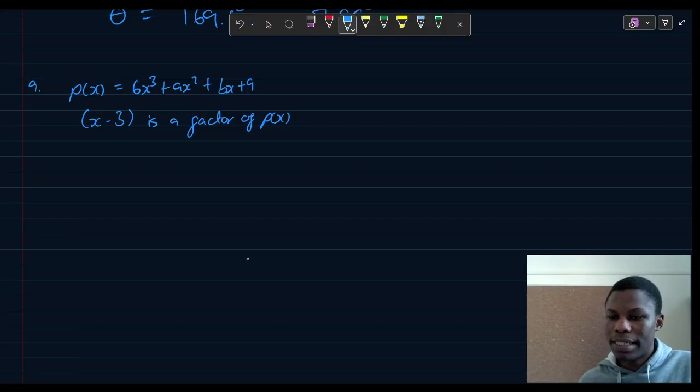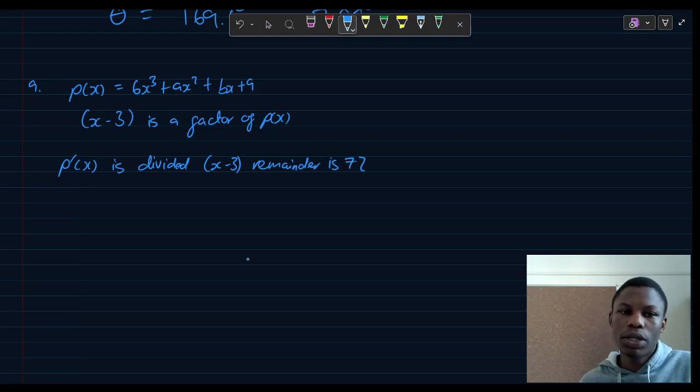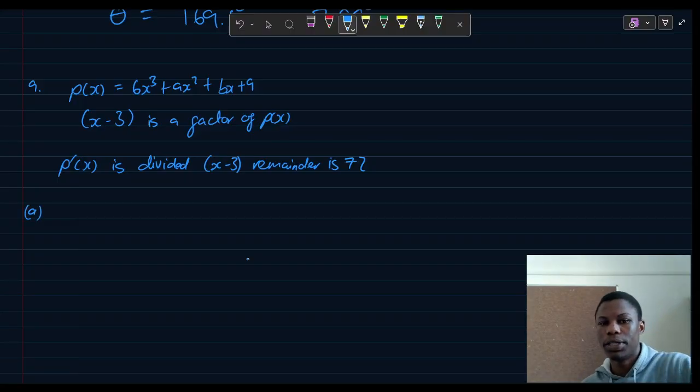And when the first derivative, p prime of x, is divided by x minus 3, the remainder is 72. Okay, so part A says find the values of a and b.